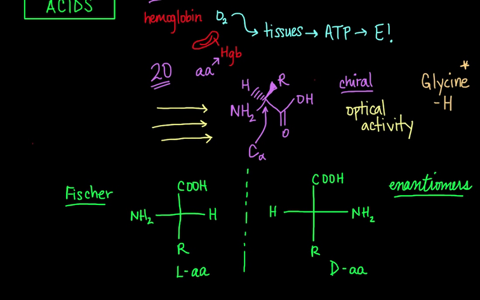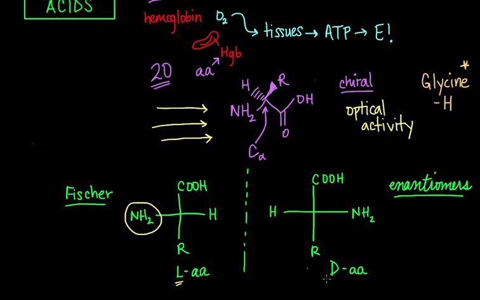And so the way that I like to keep them straight is if I look at where the amino group is. Let's take the L amino acid. If I look at where the amino group is, I can see that it is to the left of the projection. So L is for left amino group.